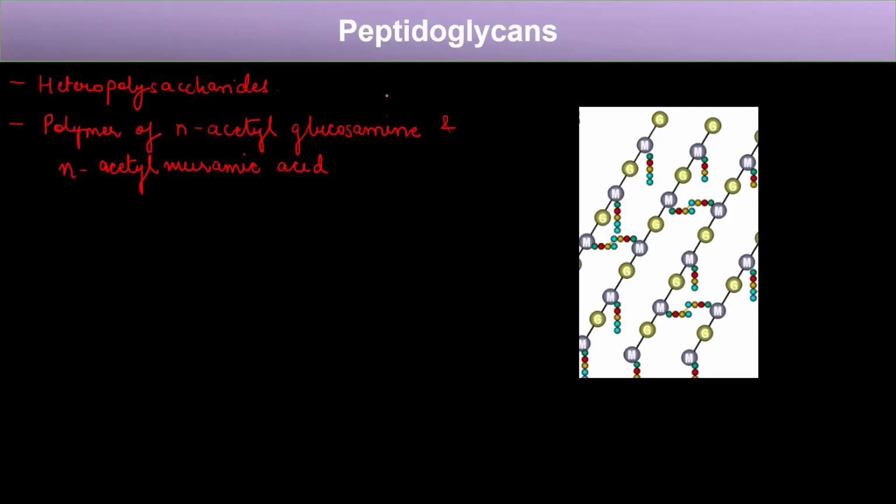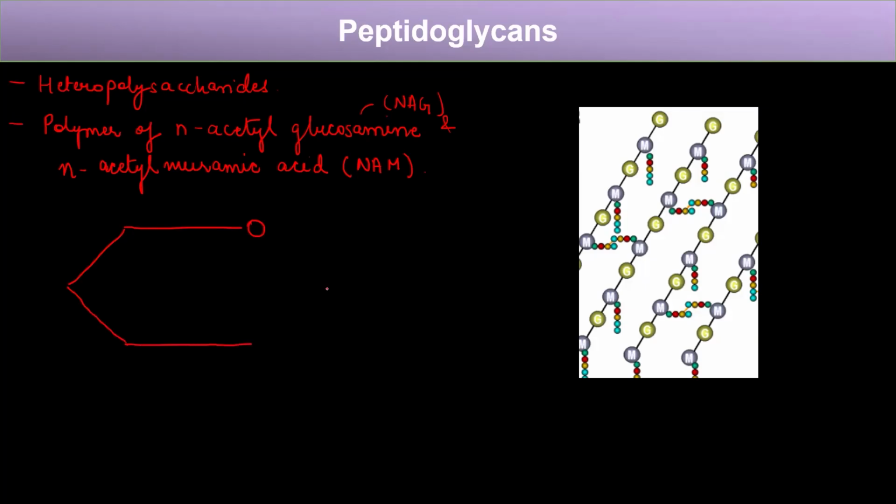We saw N-acetyl glucosamine, which is called NAG, and N-acetyl muramic acid is called NAM. So it is a polymer of N-acetyl glucosamine and N-acetyl muramic acid. We have seen the structure of N-acetyl glucosamine. Now let's see how N-acetyl muramic acid looks. Again, first let's draw. It is derived from, or you can say an extension of, N-acetyl glucosamine.